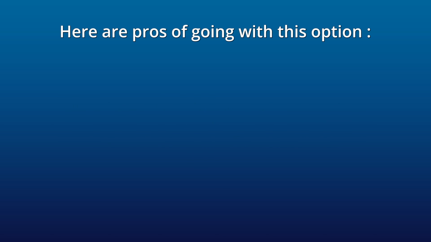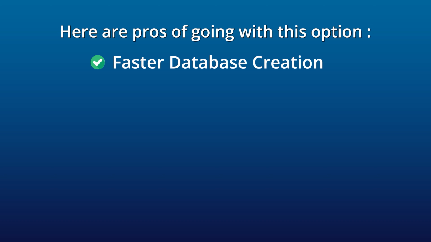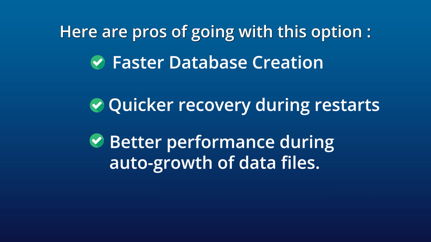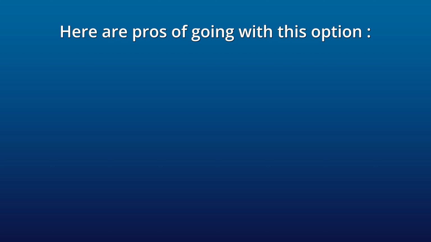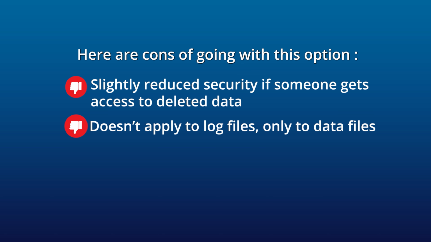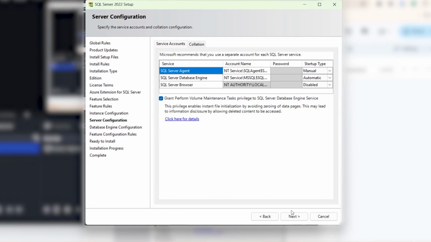Here are pros of going with this option: faster database creation, quicker recovery during restarts, better performance during auto-growth of data files. Here are cons of going with this option: slightly reduced security if someone gets access to deleted data. Doesn't apply to log files, only to data files. Click Next to proceed to the next step.